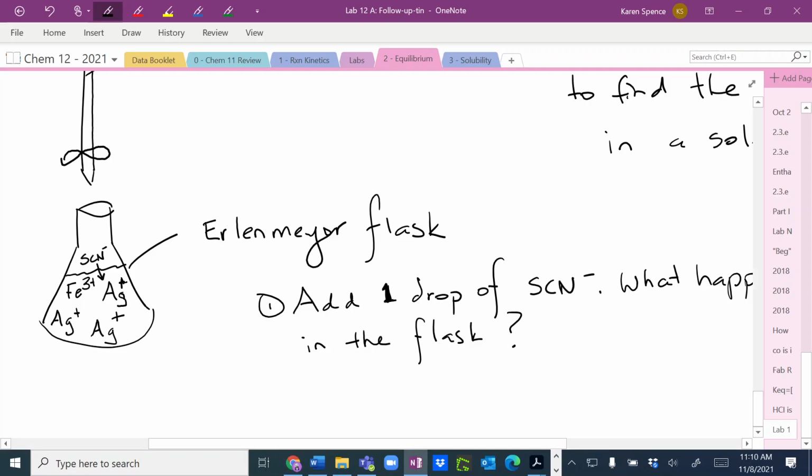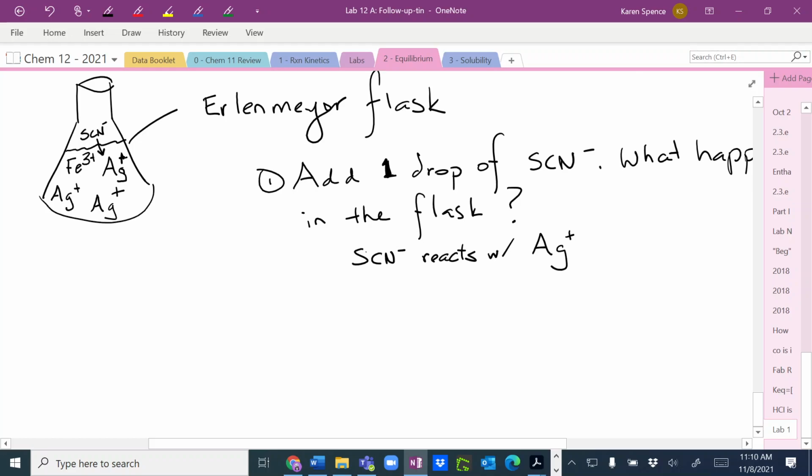So, SCN- reacts with Ag+, which it prefers over the iron. What does that reaction look like?